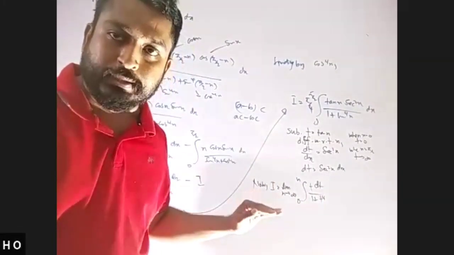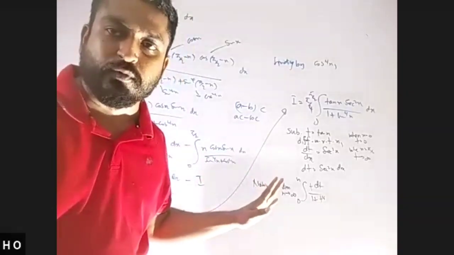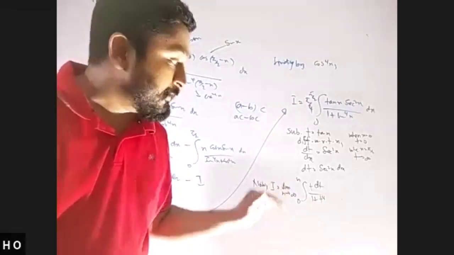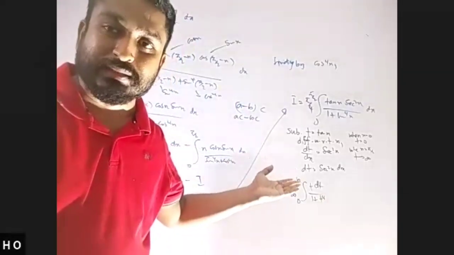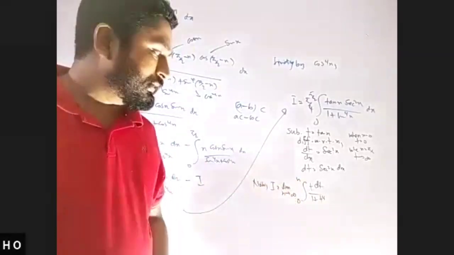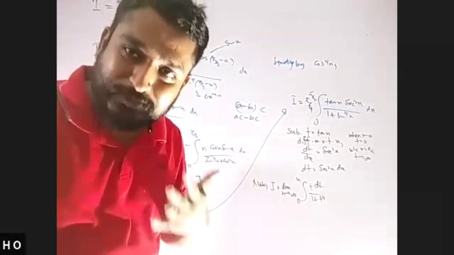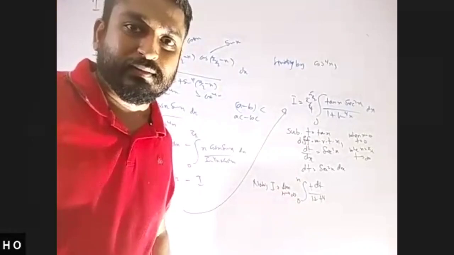No, not matching. Partial fractions, not matching; 1 plus t^4 cannot be factorized further. Long division, no. The upper degree is low, but this cannot be divided. So what is this? Please suggest me a method, doing up to here. Start.